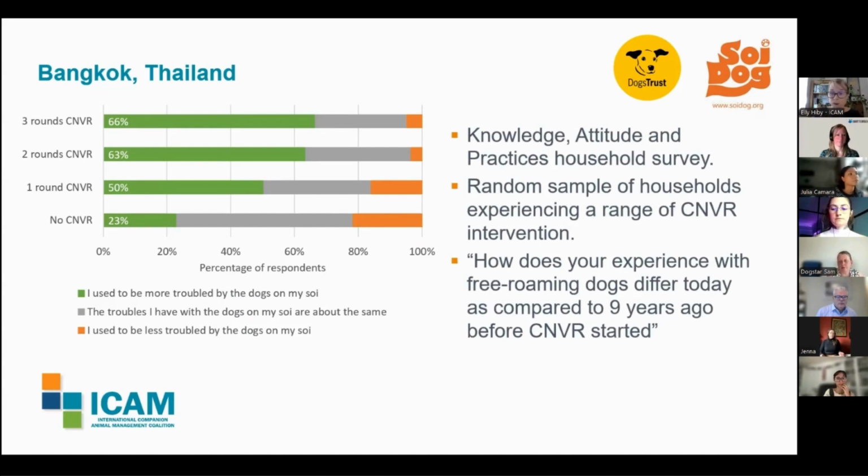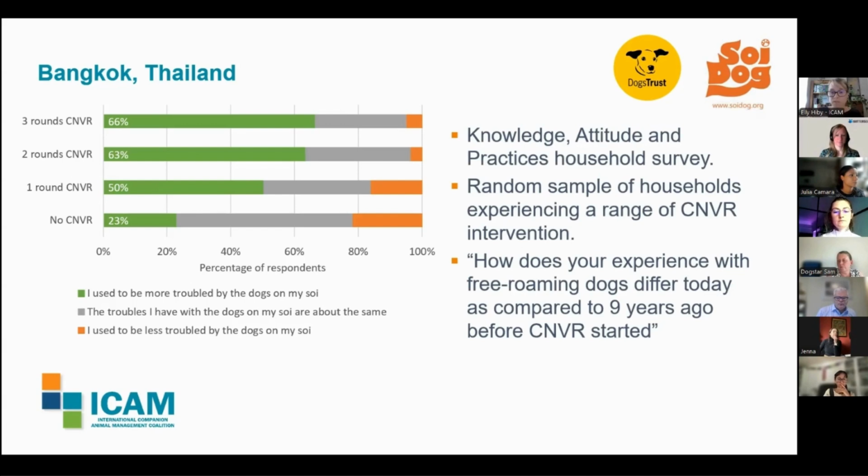And they asked a range of questions, both about dog ownership practice and their perceptions and experience of free-roaming dogs. One question was, how does your experience with free-roaming dogs differ today as compared to 9 years ago, before the CMVR project started? Of those people living in areas that had benefited from CMVR, most of them perceive the problem with dogs to be fewer today, and this is a dose-dependent effect.